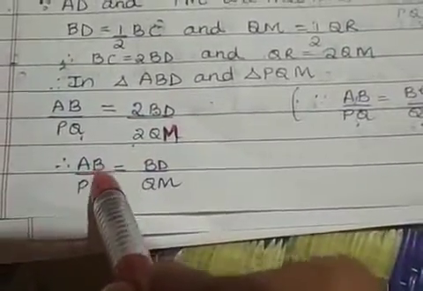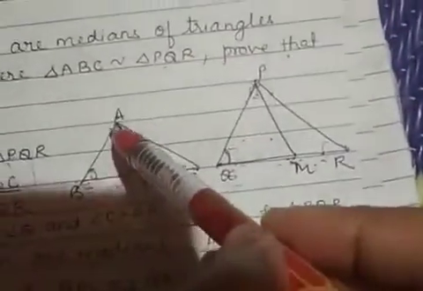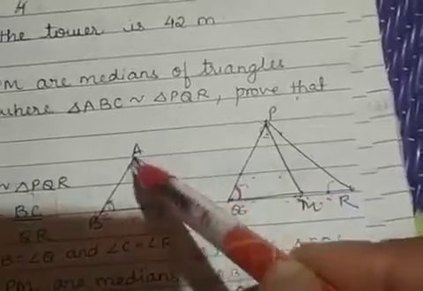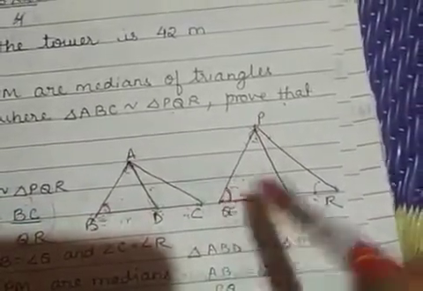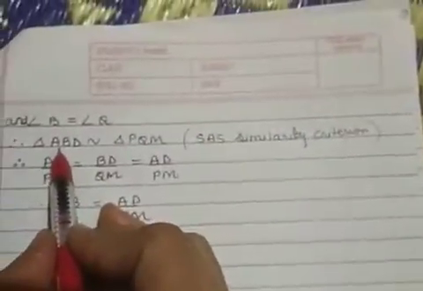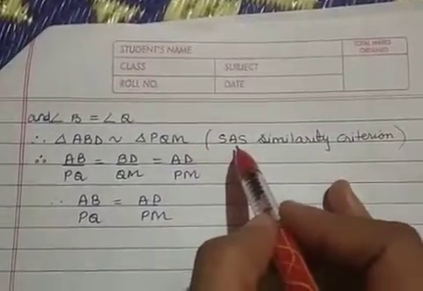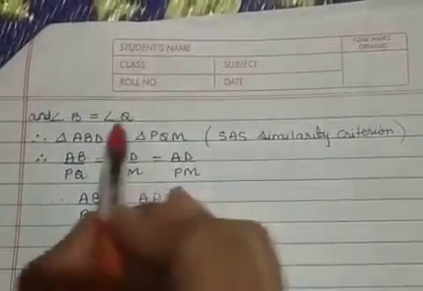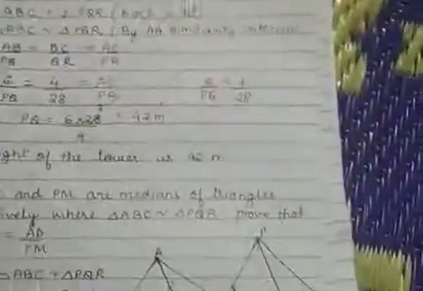So we get AB upon PQ equal to BD upon QM. Now these two sides are proportional and the angles included between them are equal. So now I can say that triangle ABD is similar to triangle PQM by which criterion? SAS similarity criterion. If the two triangles are similar, then their corresponding sides are proportional.